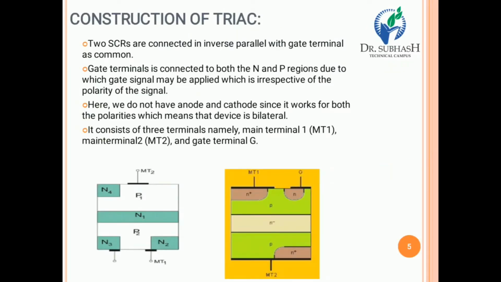Now the construction of the triac. Two SCRs, silicon controlled rectifiers, are connected in inverse parallel with the gate terminal common. So we have to connect the two SCRs in inverse parallel, and the gate terminal of both SCRs is common. In the figure given below, the gate terminal is common and the remaining two terminals, MT1 and MT2, are different for the two SCRs.